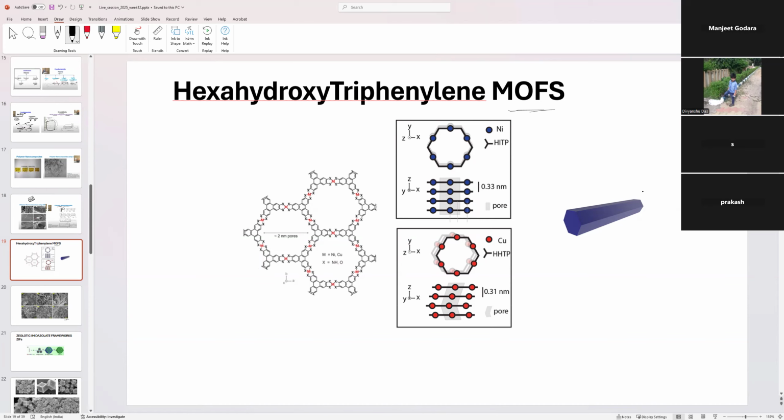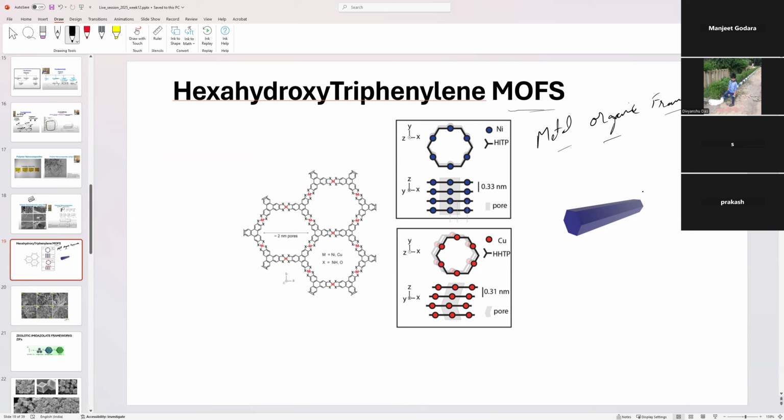MOF is metal organic frameworks. Why are they called metal organic frameworks? So they usually have a cage-like structure.